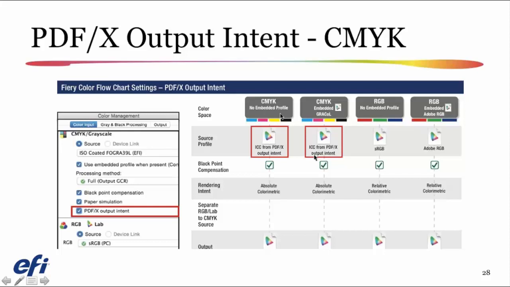So now my CMYK, rather than looking like ISO Coated FOGRA 39 that I've defined up there as the default CMYK, will instead look like whatever the profile is in that PDFX output intent tag, perhaps SWOP in the example that I've been describing.